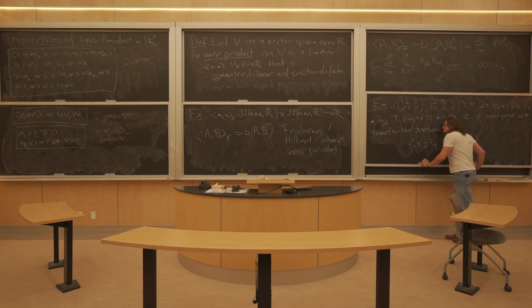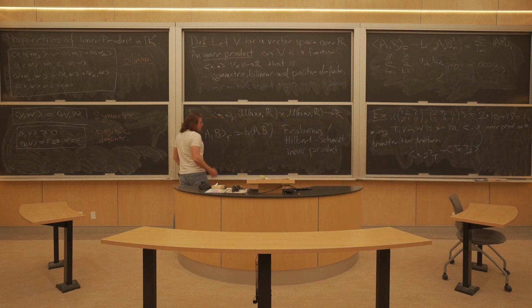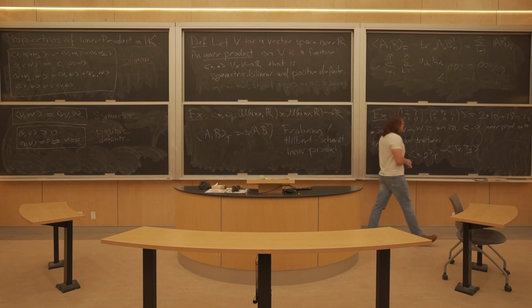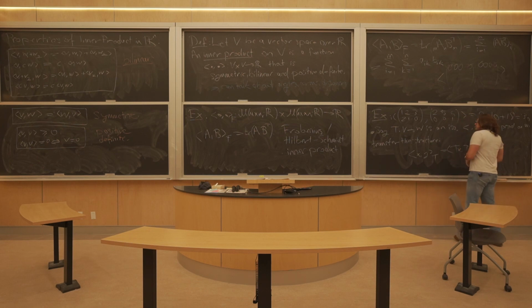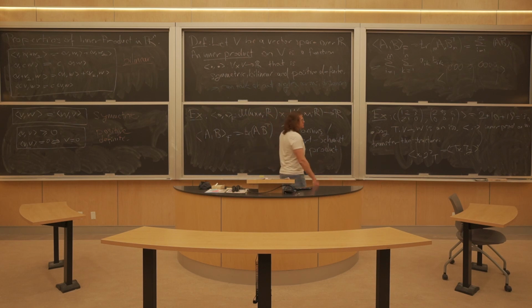I'm out of time, but I wanted to mention that also, of course, you can apply the same idea in the context of function spaces. For instance, if you want to interpolate some data points using polynomials, that is essentially related to a certain inner product.